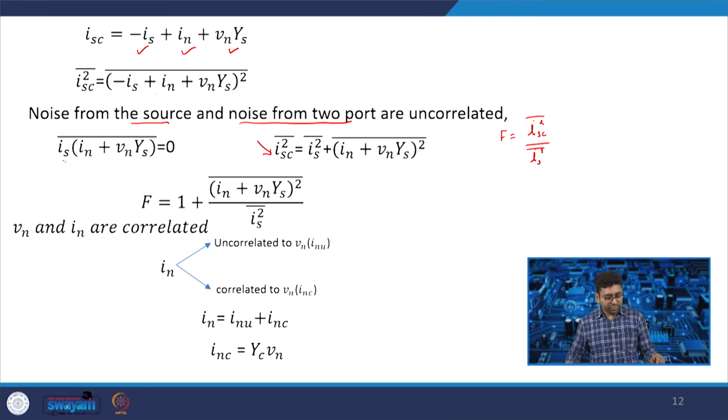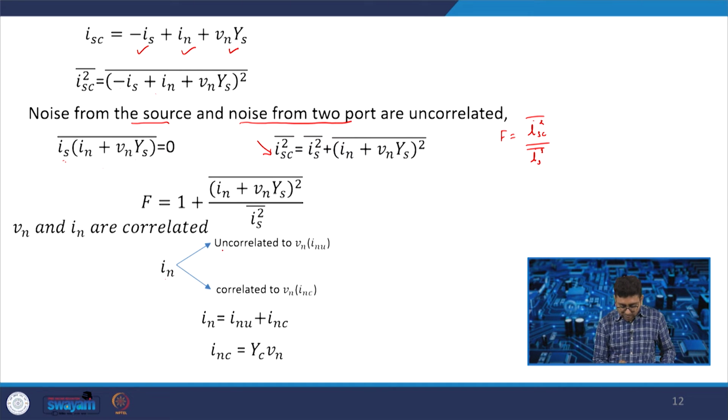Now what is important? The relation between Vn and In, because Vn is the noise voltage of the two port network referred at the input side, and the noise current In, they both are correlated. So In you can divide into two terms.